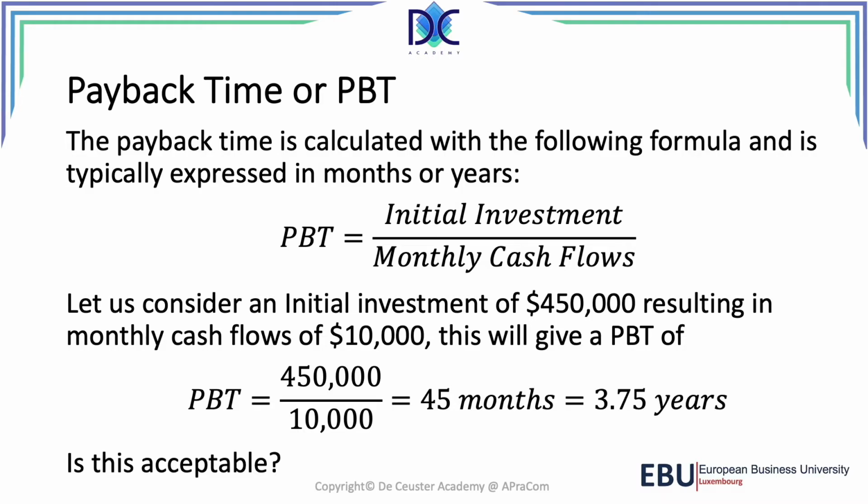Some companies use 3 years. It's something defined by the company and also defined per project. Some projects will be, let's say, compensated faster. They have a smaller PBT, while others, it will take longer.